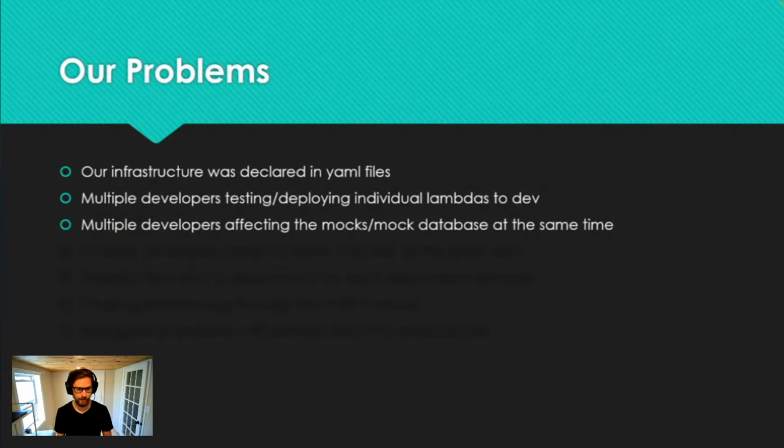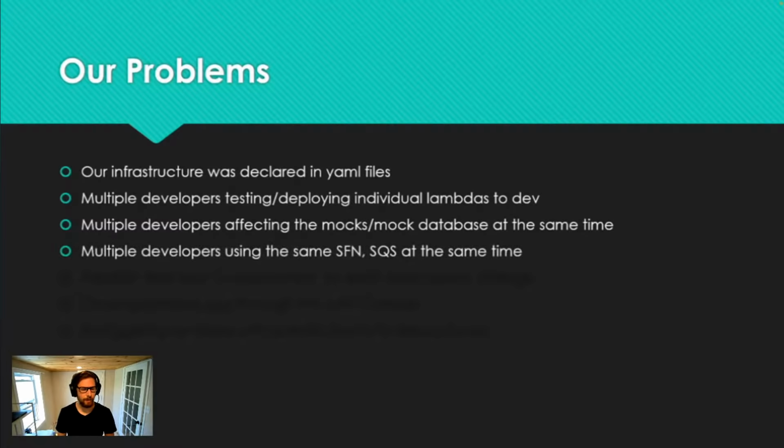This is always a problem, and you'll see multiple developers affecting the mocks and mock database at the same time, which is just another issue because we have our mock services which are deployed separately from our main stack. Additionally, multiple developers using the same step function and SQS queue at the same time. You had to purge queues if other people had run things, and maybe what they were trying to use failed, and the SQS queue gets bugged up.